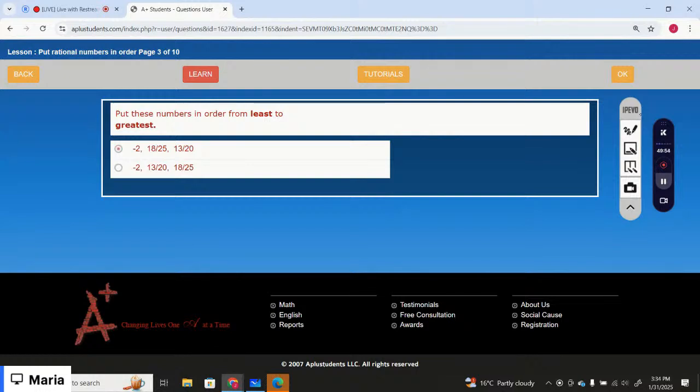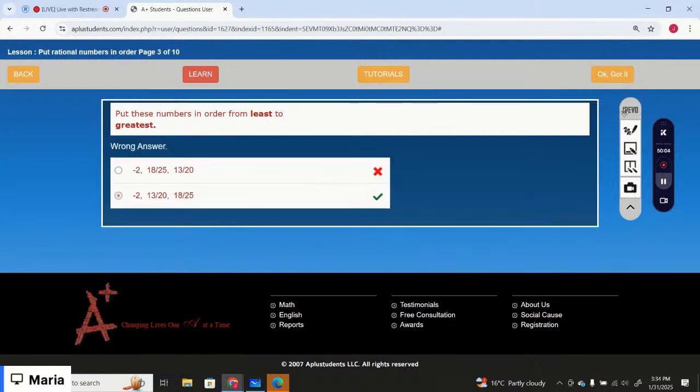Option 1 is the correct option. Negative 2 is the least one. Then 18 by 25 and 13 by 20. Option number 1 is the correct option. Okay, option 2 is the correct option.